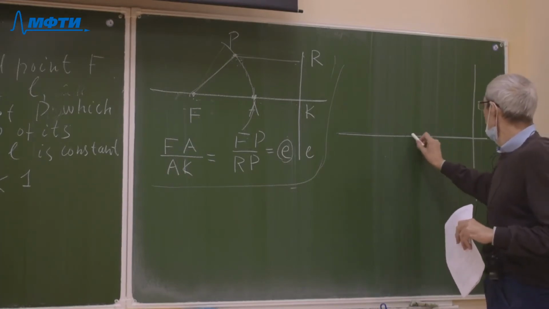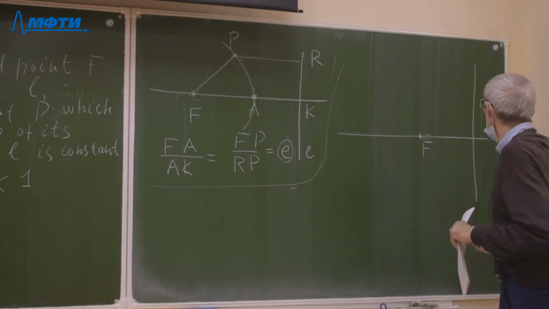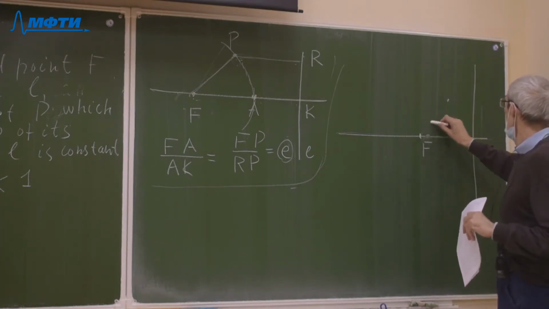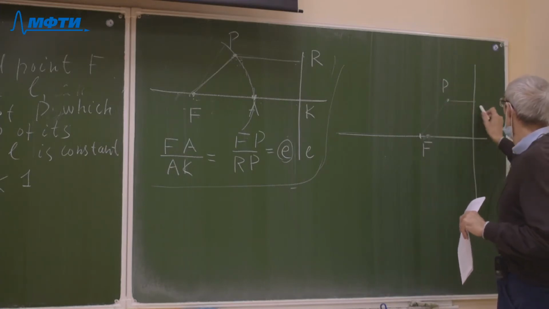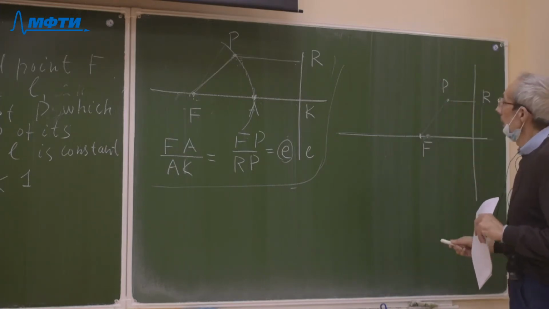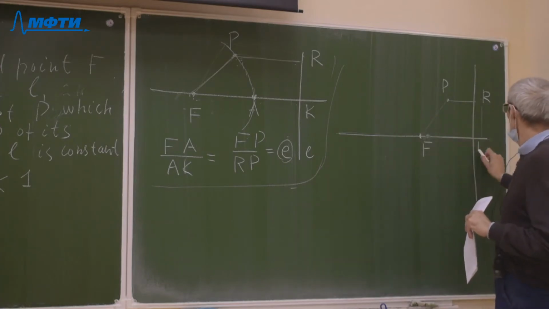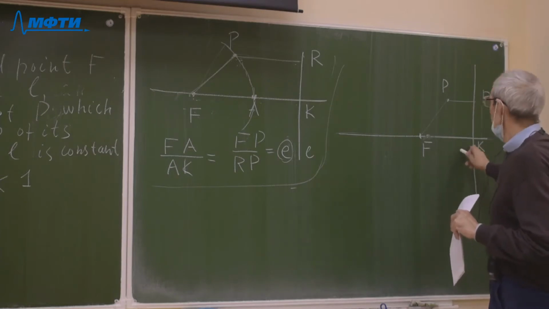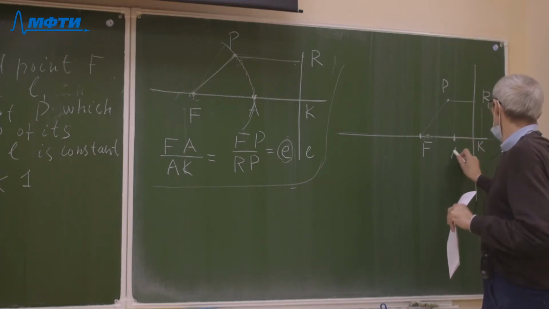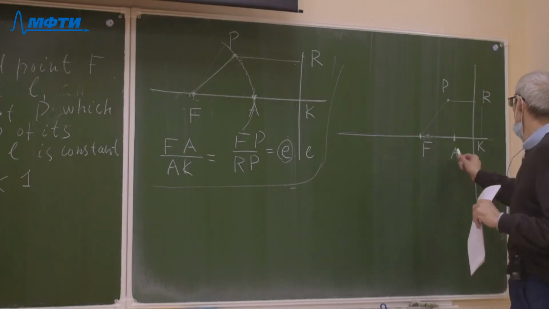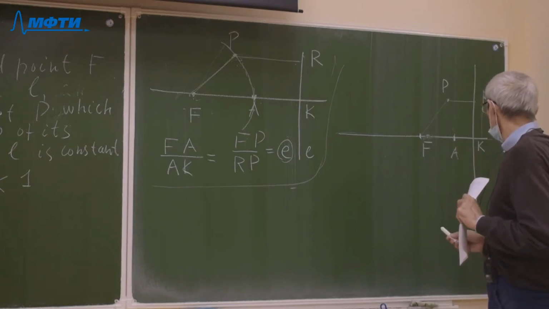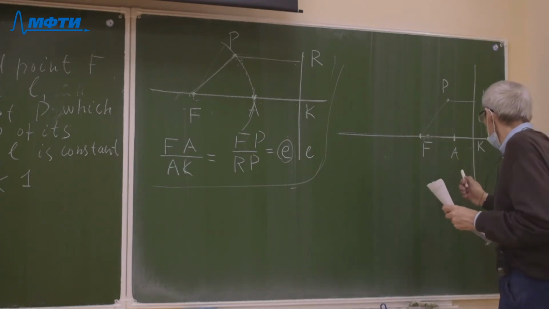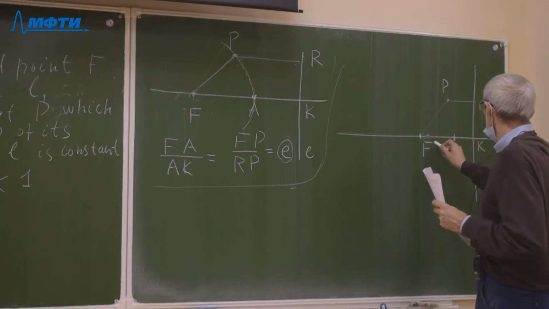Let F be our fixed point, P be the moving point, R be the point as above, and let K be the base of the perpendicular, and A be the intersection.